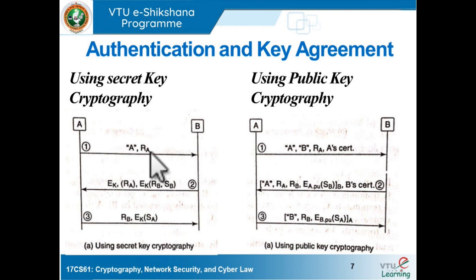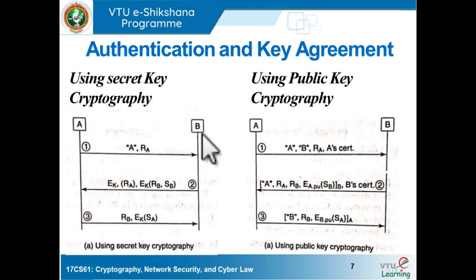RA is the nonce that A has selected, and it is sending it to B. Upon receiving this, B will encrypt RA with the secret key that is shared between A and B. Also, B will select a new nonce or a new challenge, that is RB, and encrypt it using the key that is shared by A and B.